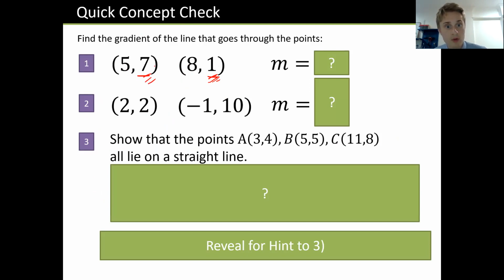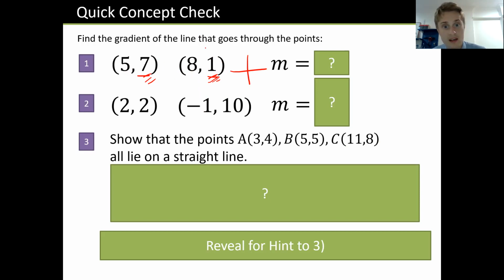You could do right minus left, for example, which is what I tend to do. Do a very basic sketch just to check the answer is right, because when you have a negative gradient, you'd be surprised how many people get it wrong through laziness. They don't sketch, and then they have a wrong answer that derails the whole question, and that will cost you severely. So if in doubt, do a very quick sketch.